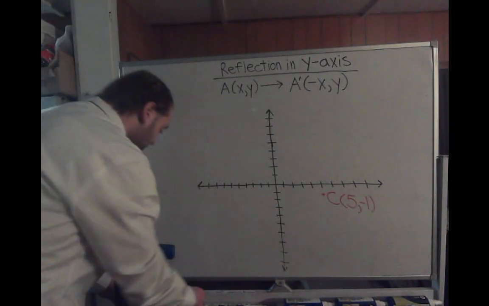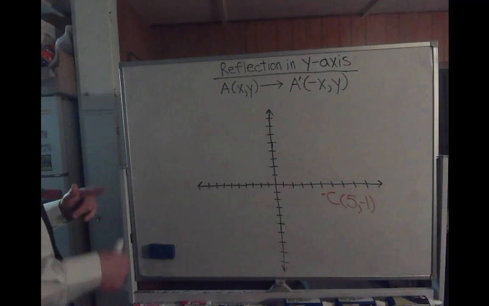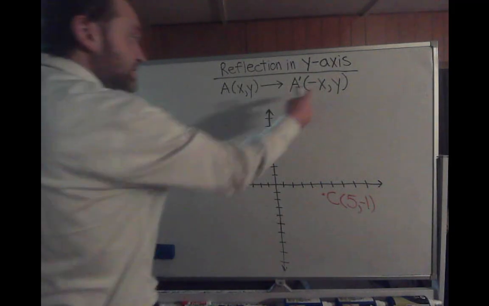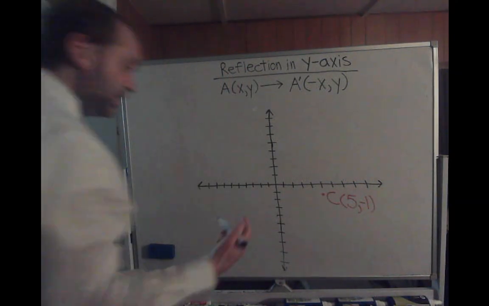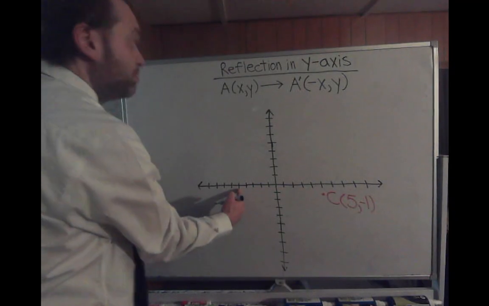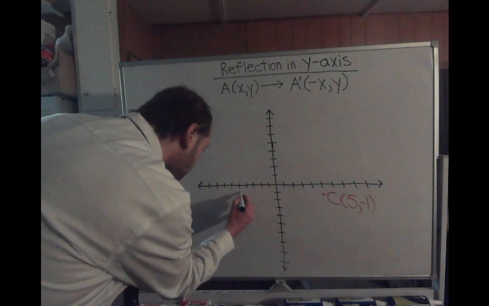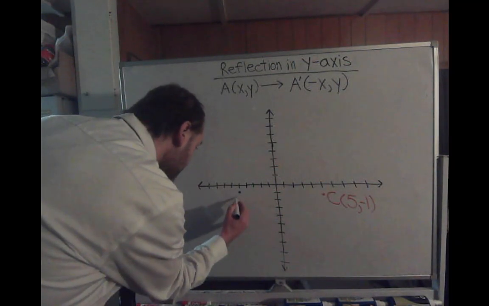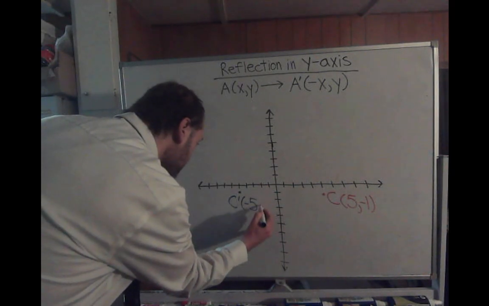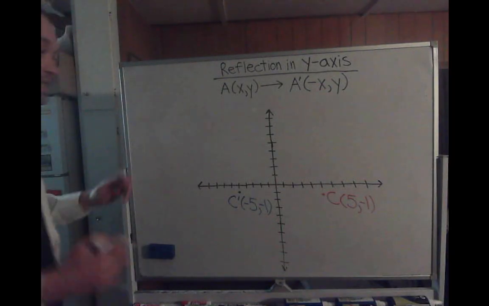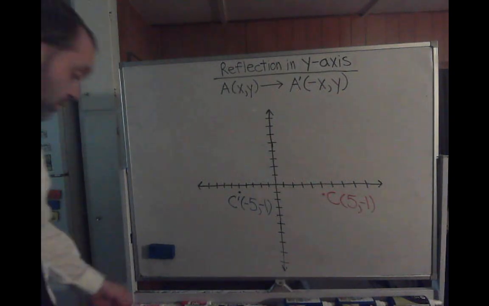I want to find C prime by reflecting this in the y-axis. Again, to reflect in the y-axis, I take the negative of my x-coordinate, so negative of 5 would be -5. By leaving my y-coordinate of -1 alone, I would be at the point -5, -1 for C prime. If I am reflecting this in the y-axis, C prime is at -5, -1.